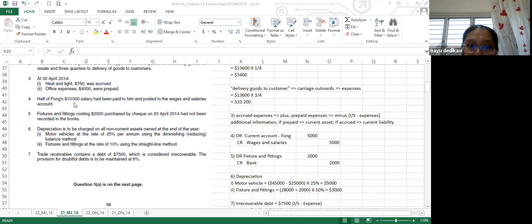Next, half of the Fong 10,000 salary has been paid to him and posted to the wages and salary account. So your double entry by right, the salary should go to the appropriation account, but we put it into the wages and salary. And this amount is already paid.